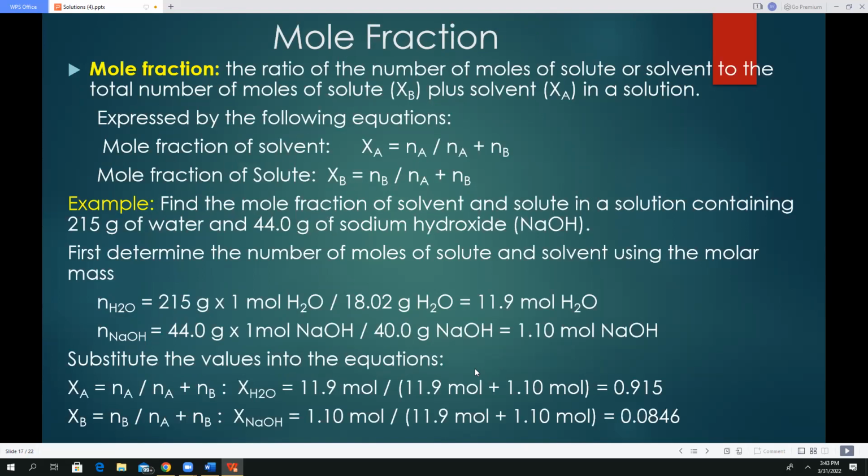And then now we have this one. This one we didn't cover. So mole fraction. This is the one that always people get confused on. All right, so remember the mole fraction: the solvent is A and the solute is B, okay? So if you think about it, you could remember the B because it's the base of the solution. The base of the solution is what you diluted in, right?